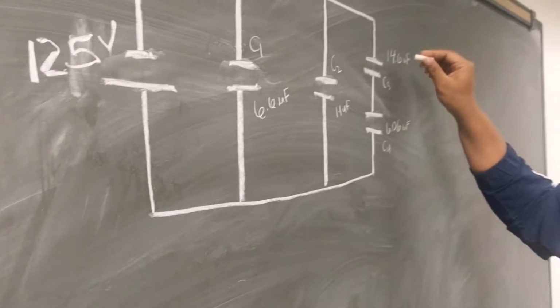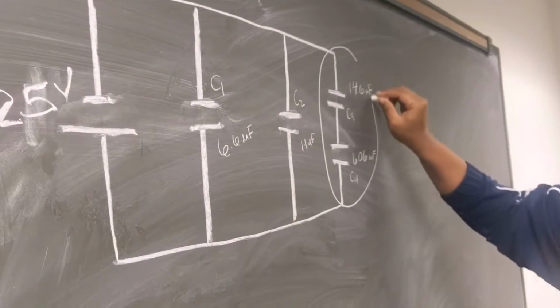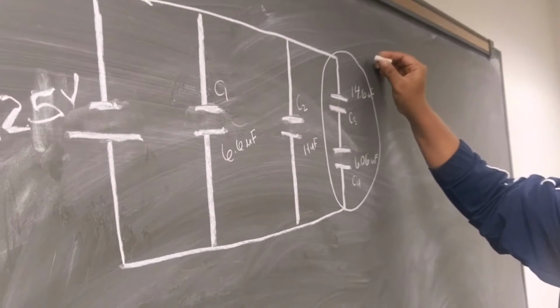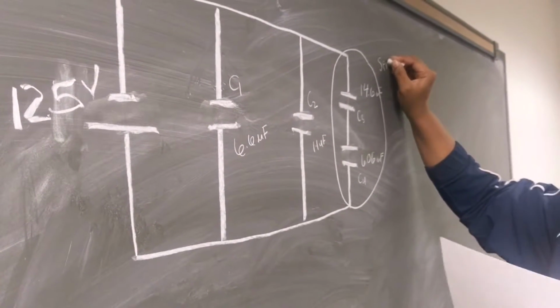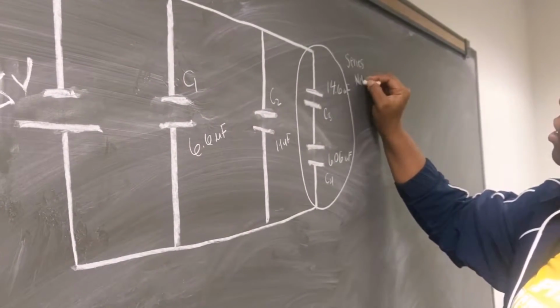Okay, so capacitors 3 and 4 are connected in a series network.